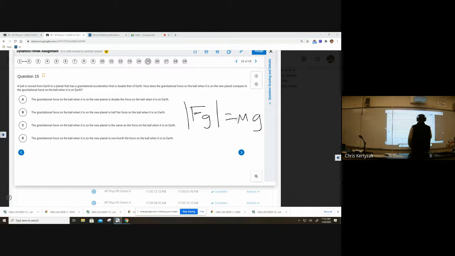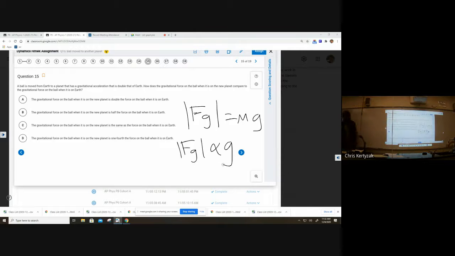Which means that the weight, or gravity force, is proportional to g. So if you go somewhere where there's twice as much gravity, there's twice as much gravity force, twice as much weight. So the gravitational force on the ball when it's on this new planet will be double the amount of force that the ball felt when it was on Earth.